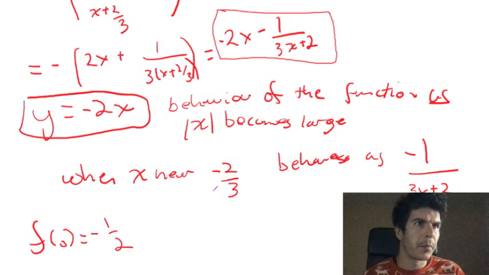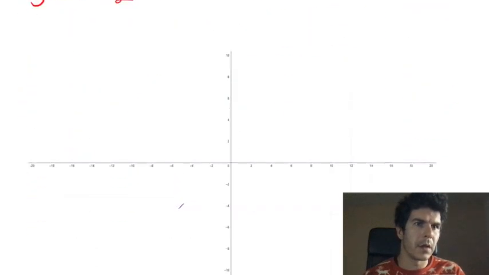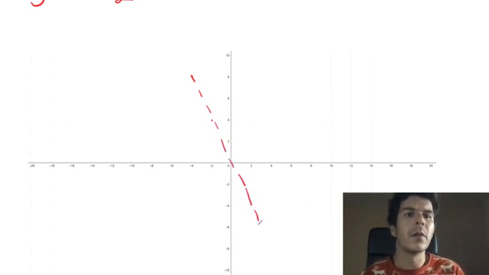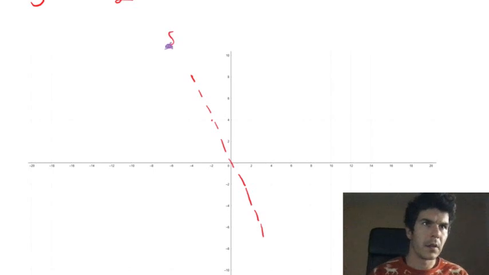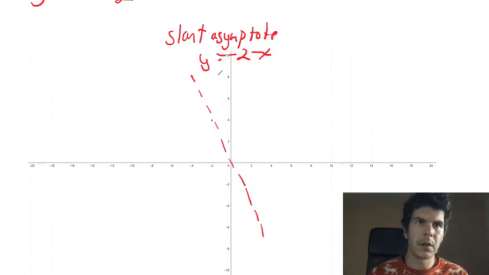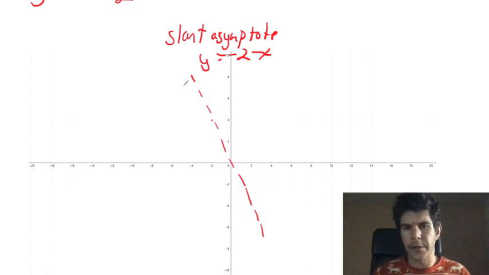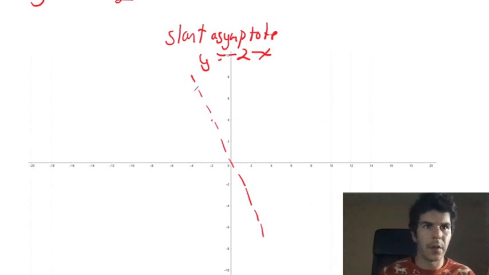And let's put all of this into our graph. So y equals negative 2x, slant asymptote. So this line here, which I'm drawing poorly, is called the slant asymptote. y equals negative 2x, and that will be the behavior of the function as it goes far away.